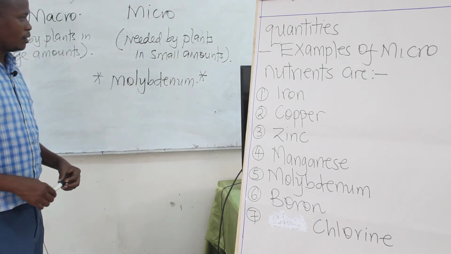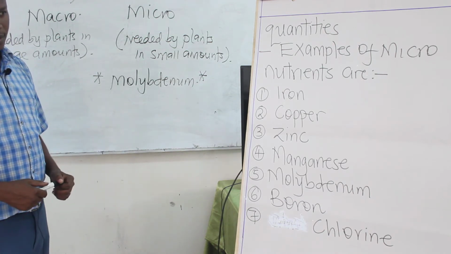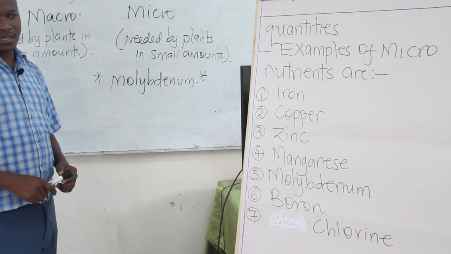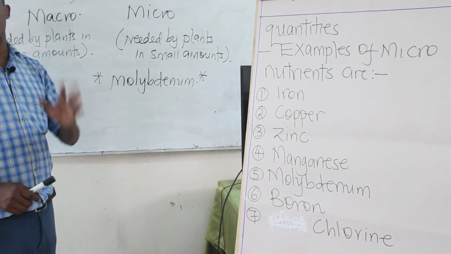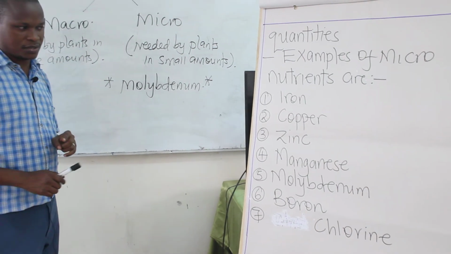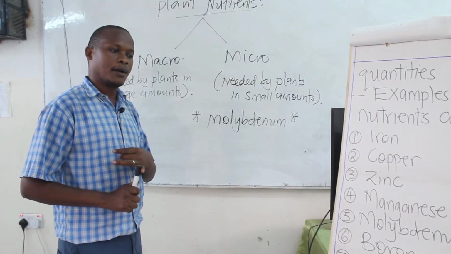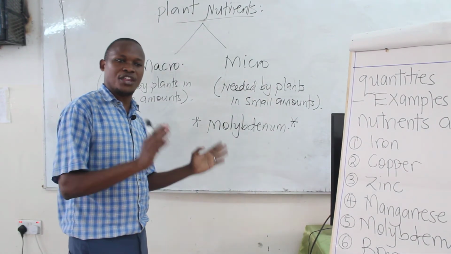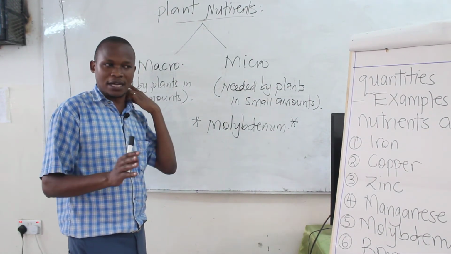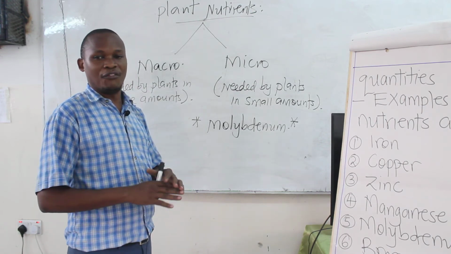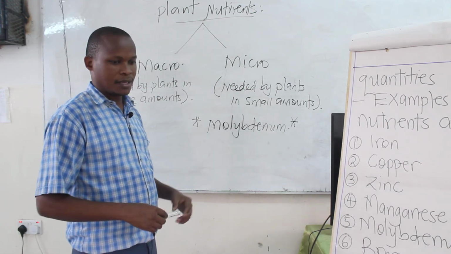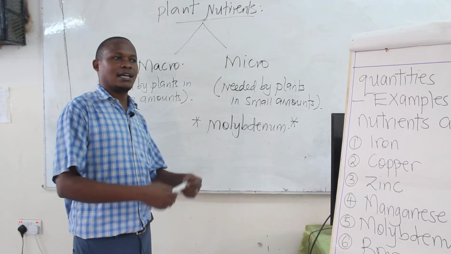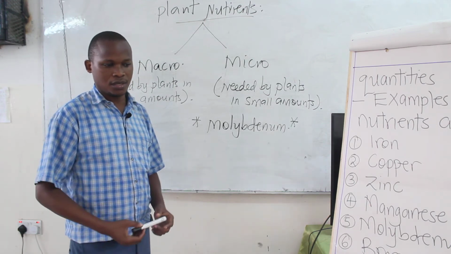As I wind up, you need to know that these plant nutrients that we have mentioned, macro and micro, both groups are very important to plants, and the plants cannot do without them.